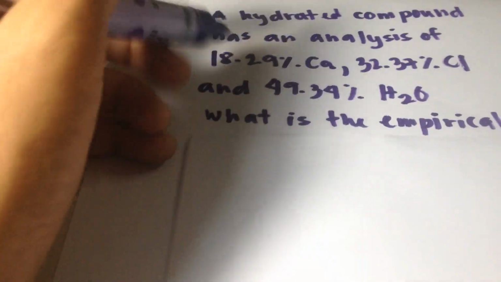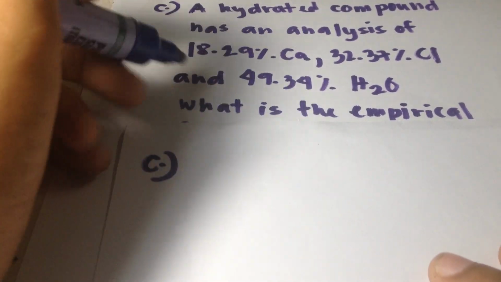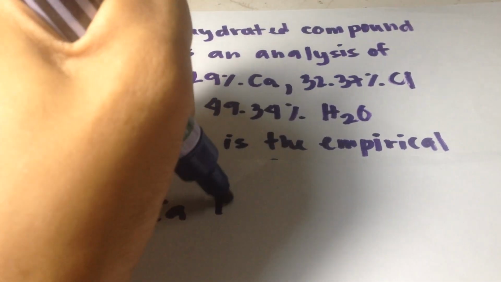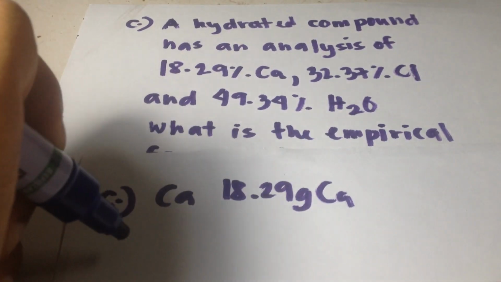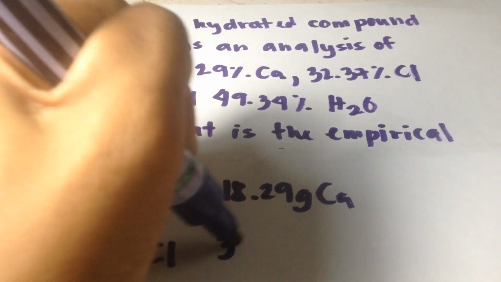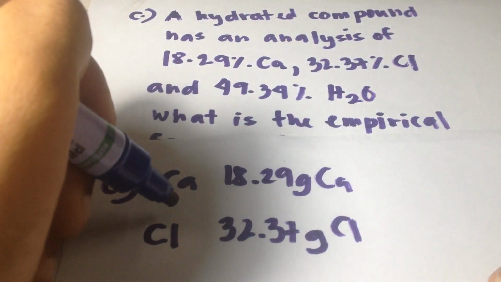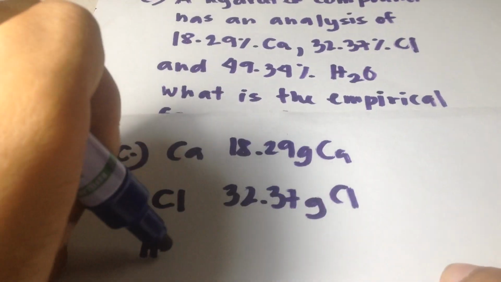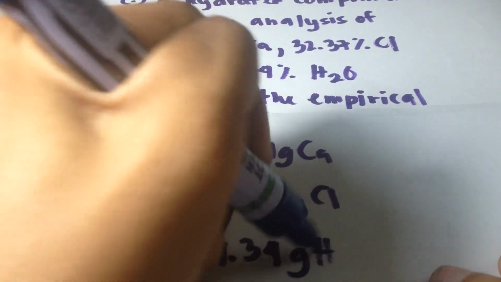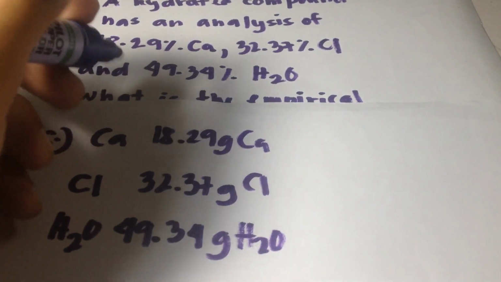So in letter C, in calcium, they have 18.29 grams of calcium. Then in chlorine, they have 32.37 grams of chlorine. How about in water? In water, they have 49.34 grams of water.